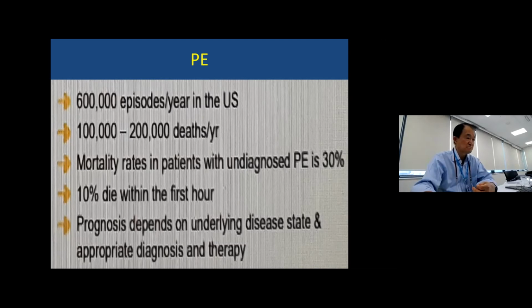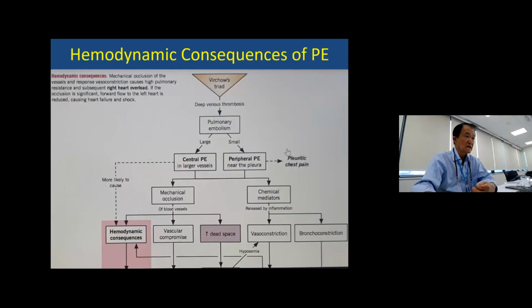Now, you can divide central large pulmonary emboli versus peripheral pulmonary emboli. Chest pain and shortness of breath are the major clinical complaints. A normal chest X-ray is the most common and most helpful finding.